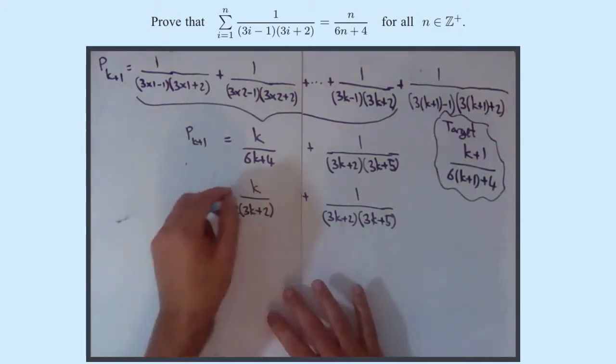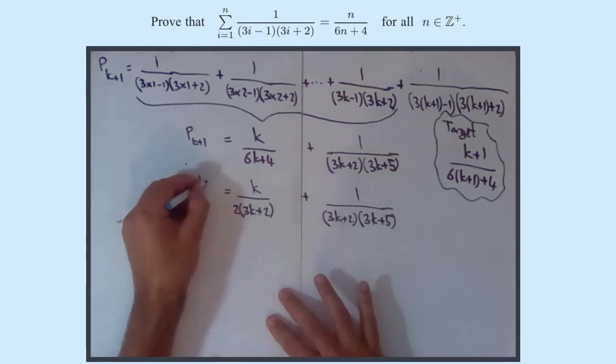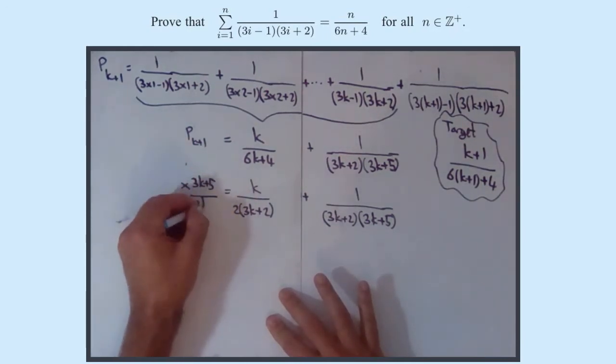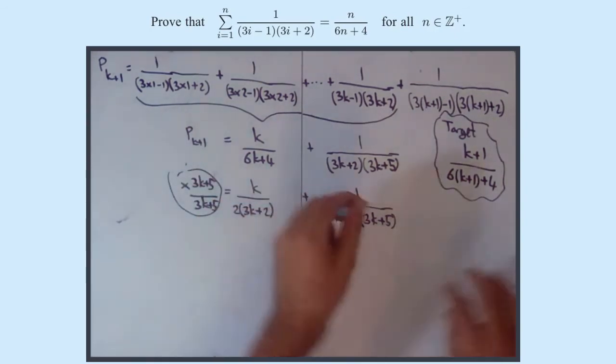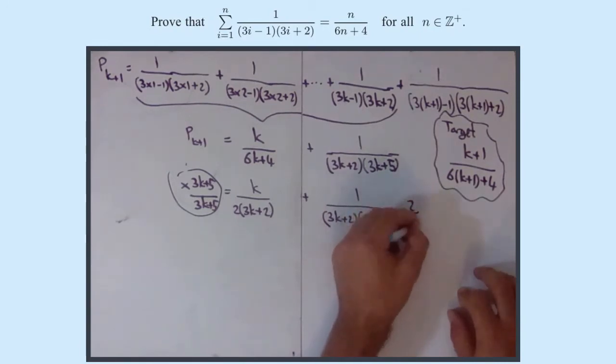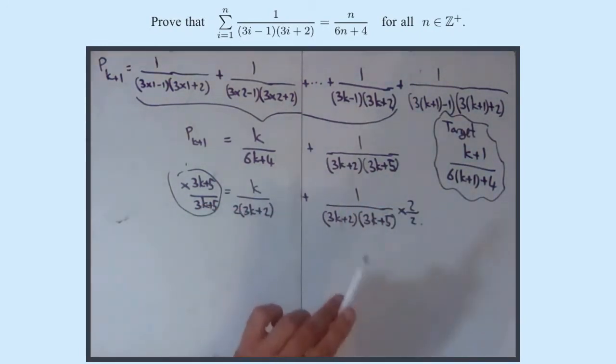So we're going to take this fraction and times it by (3k plus 5) over (3k plus 5), and this one we're going to times by 2 over 2. Then we've got a common denominator of 2(3k plus 2)(3k plus 5).